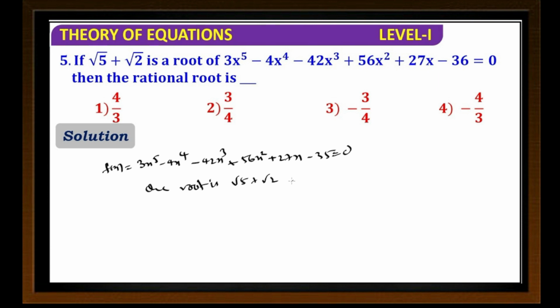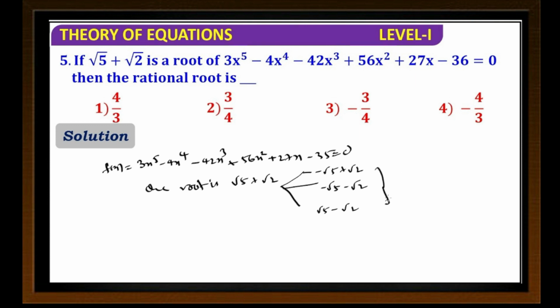One root is root 5 plus root 2. We know that if one root is root 5 plus root 2, then the other roots are minus root 5 plus root 2, minus root 5 minus root 2, and root 5 minus root 2. These are the four roots, but it is a fifth degree equation.